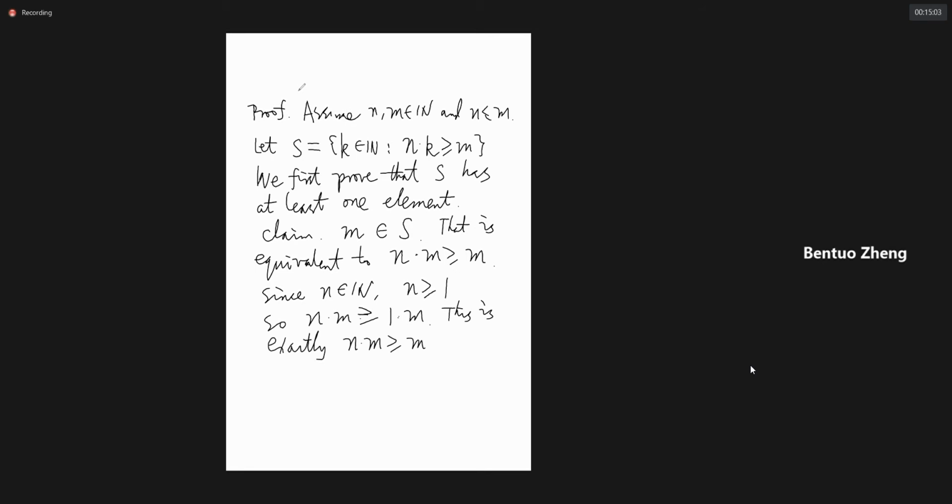Since S has at least one member, by the property of natural numbers, S has a minimum.